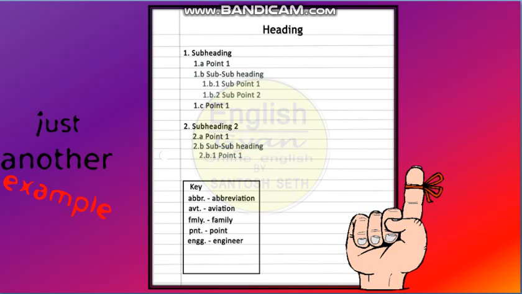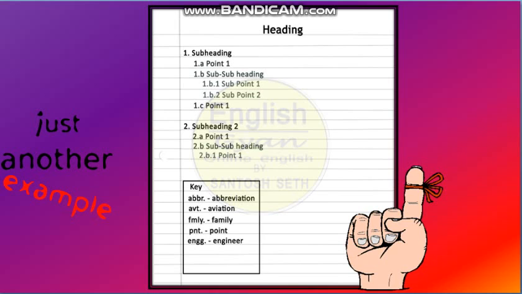And now I have one example. You can see heading at the top, in the middle, then 1, 2, then in 1, 1A, 1B, then 1B1, 1B2. So these are the ways of writing. You cannot write anything anywhere.